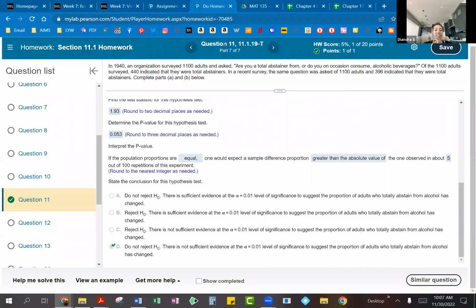Going back, how did you figure out where it says if the population proportions are equal, not equal to, where did you get equal? I guess because I got the calculations right, but when it gets to these questions, I get confused. So in this case, it really did come down to trial and error, Deandra, because I've tried it both ways.